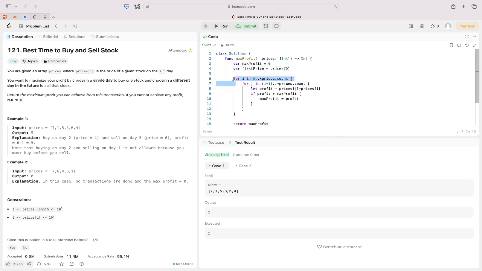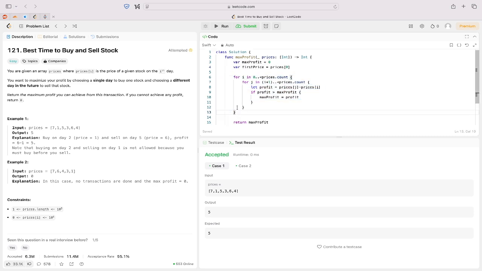And then we're still going to use a for loop, but we just need one.